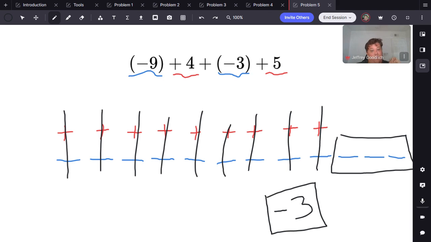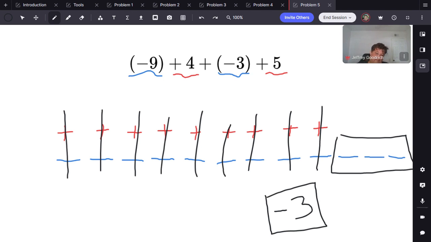So whatever your bigger number is is essentially what your final answer is going to be. If your bigger number is negative, your answer is going to be negative. If your bigger number is positive, then you would have positives left over, and your final answer is going to be positive.